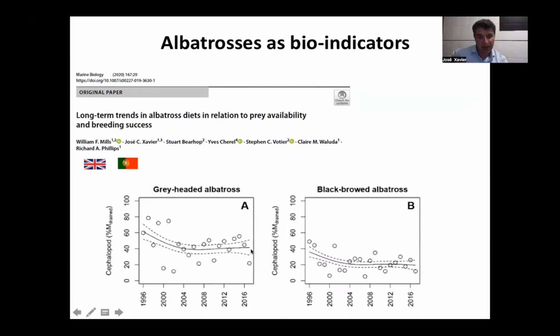So nearly half of the diet of gray-headed albatrosses maintains constantly, more or less, although there's some years it goes really down. Whereas for black-browed, although at lower levels, the trend is the same. So what it means is that from a longer term perspective, we have a tendency for cephalopods to be a reliable source of prey.